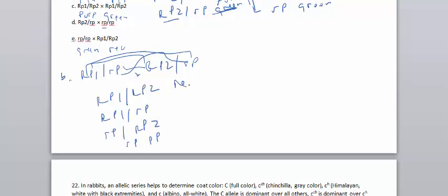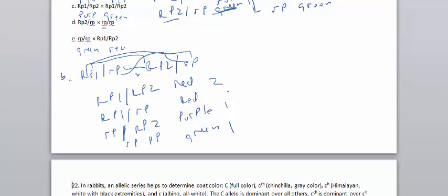These are red. These are red. That's not a 1. That's a little rp over RP2. RP2 is purple. And little rp is green. So we're going to get one of these, and 2 of these.